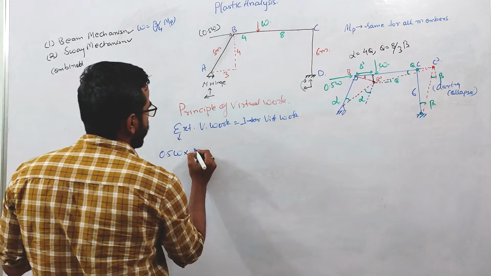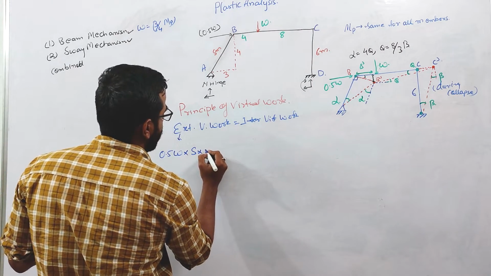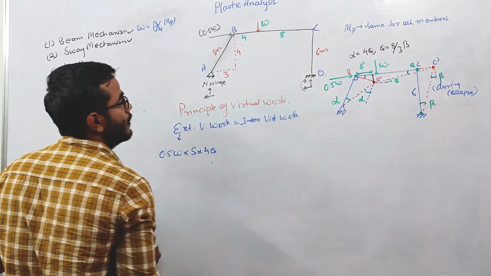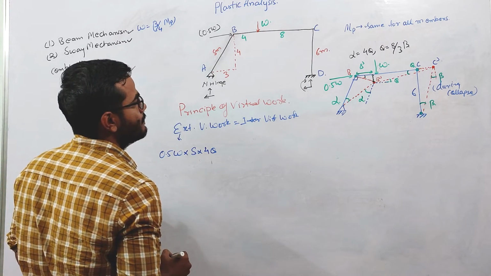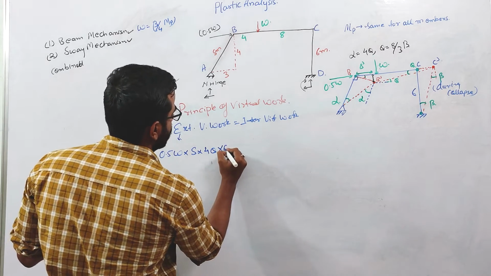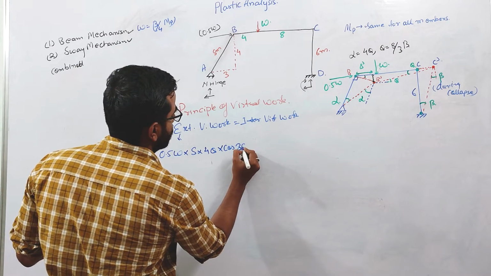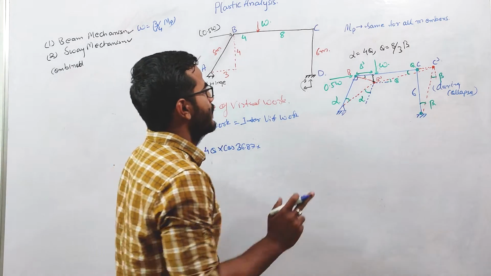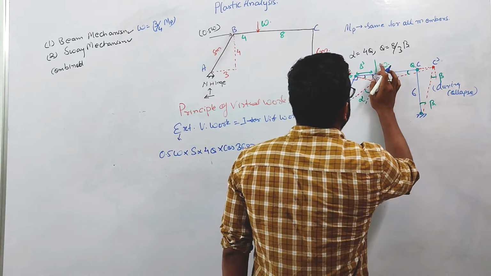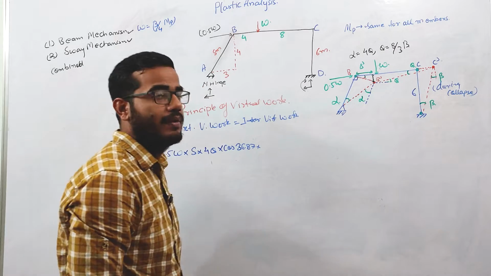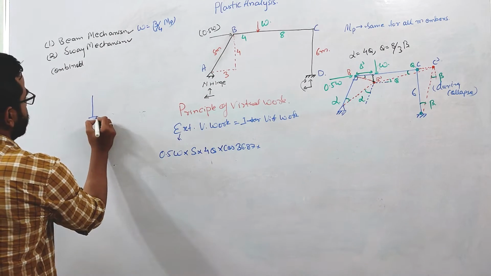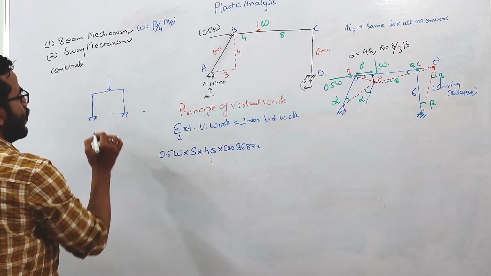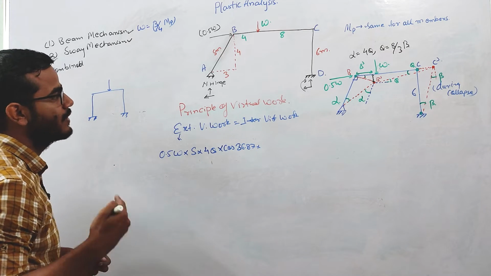Delta dash we have already calculated: 5 into alpha, and in place of alpha I can write 4 theta, into cos 36.87. Now in this problem there will be virtual work done due to this W load also. When the columns were perfectly vertical, this load is not contributing to the external virtual work done in the sway mechanism.